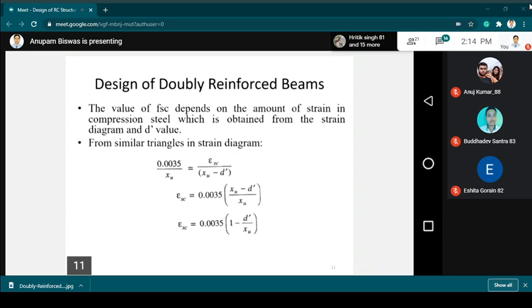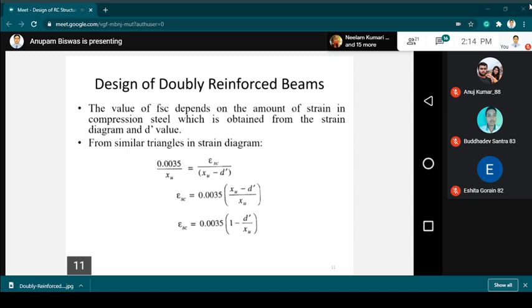0.0035, which is the maximum strain at compression zone, divided by XU, which is the neutral axis distance, is equal to epsilon SC, which is the strain at the compression zone for area of steel ASC, divided by the distance that is XU minus D dash.